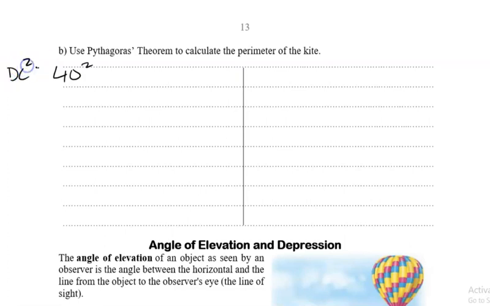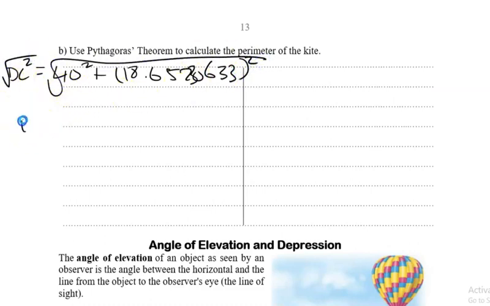So DC squared equals 40 squared plus 18.65230633 squared. So you square root this side. So DC is going to equal 44.13511676 centimeters.